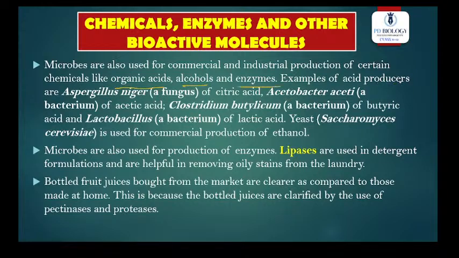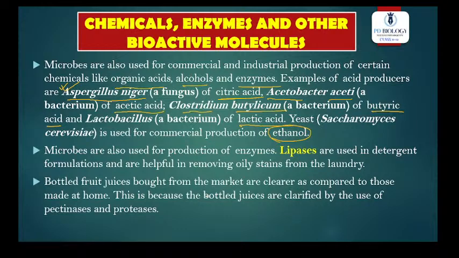Examples of acid producers: Aspergillus niger, very important, a fungus, for citric acid; Acetobacter aceti for acetic acid; Clostridium butyricum for butyric acid; Lactobacillus for lactic acid. Yeast is used for commercial production of ethanol.